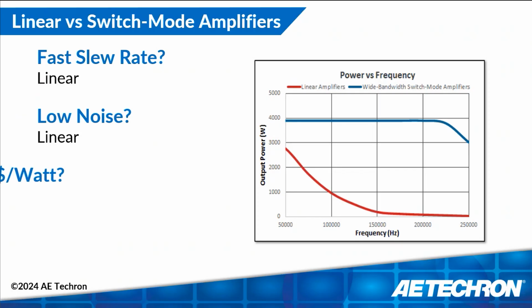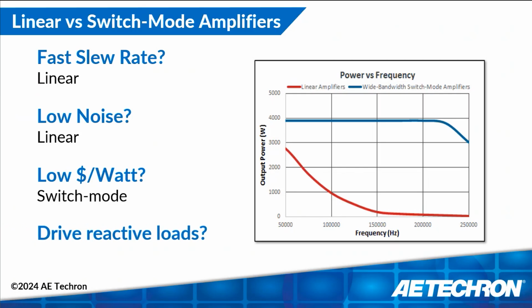Low cost per watt would definitely put the switch mode amplifier to the front of the equation. But here's a really important question: are they trying to drive reactive loads? If they're driving reactive loads like inductive, capacitive, or piezo elements, then switch mode amplifiers really make sense.